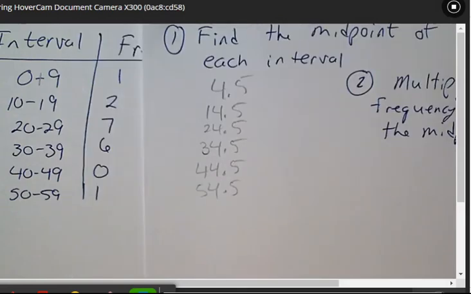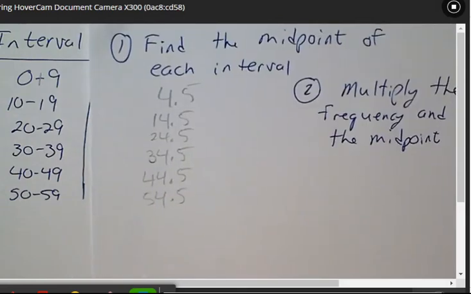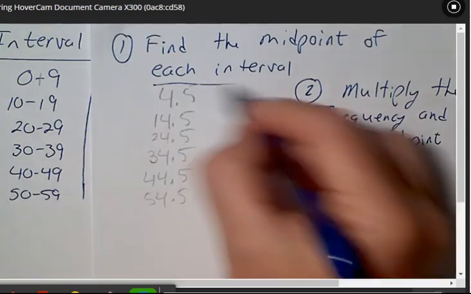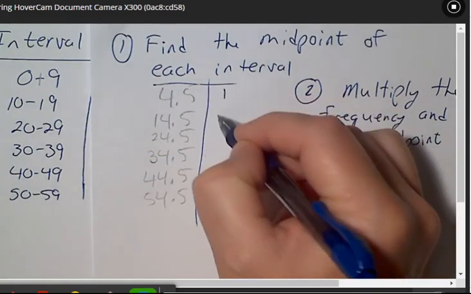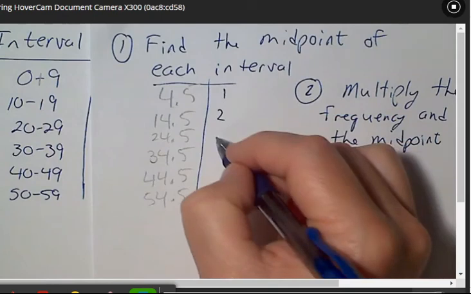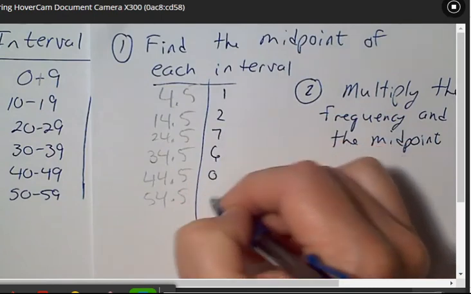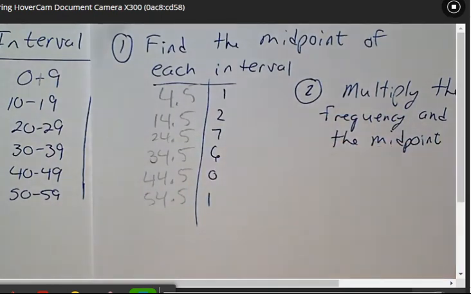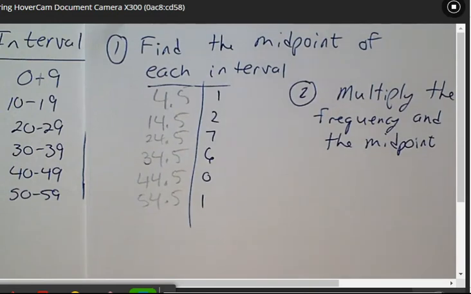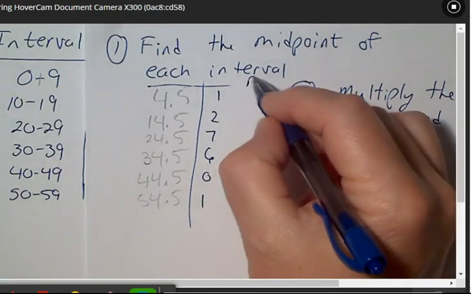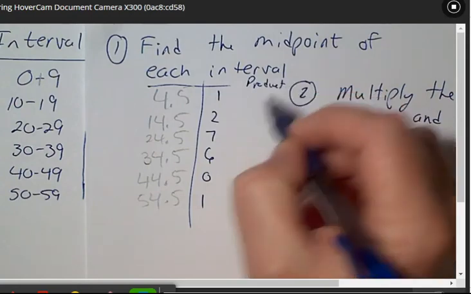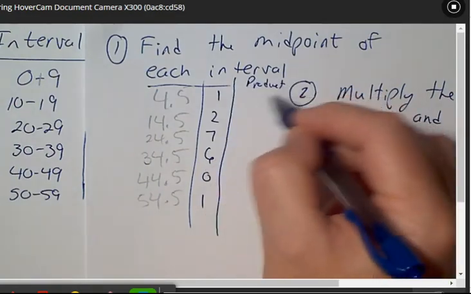Okay, so the frequency was 127.601. Okay, so that would be our product that we'll put over here. So we're going to multiply those two numbers together to come up with our product that we would get here.